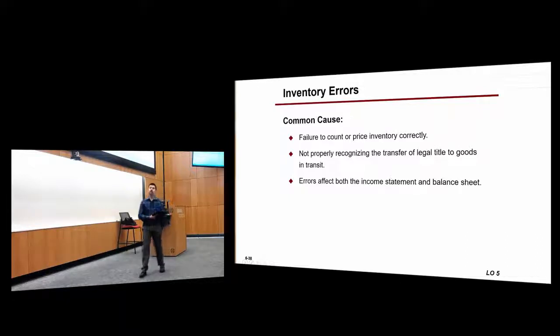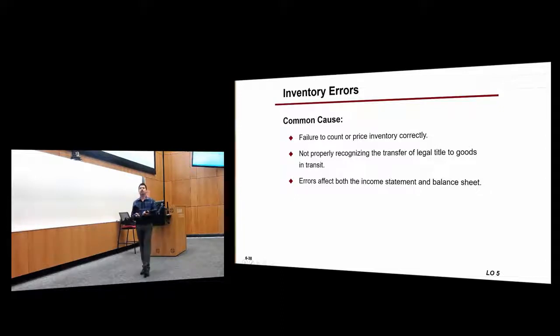Now, when this happens, it will affect both net income and inventory, right? Because it is going to affect your balance sheet and your income. So the income statement will be affected through cost of goods sold, which also affects net income.